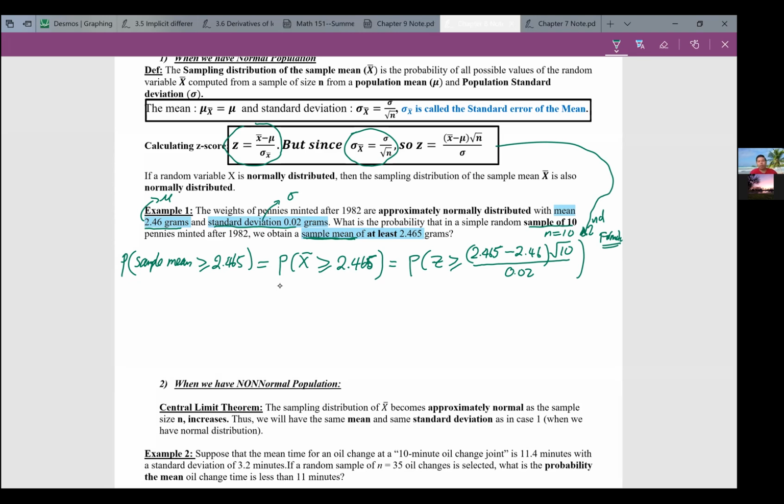And then just put it in the calculator, and then you should find out what's the z-score for that. So 2.465 minus 2.46 times radical 10 and divided by 0.02. All right, so I have probability of z bigger than or equal to 0.79.